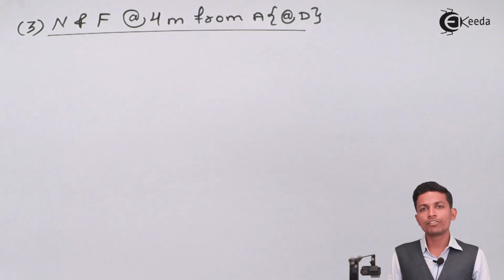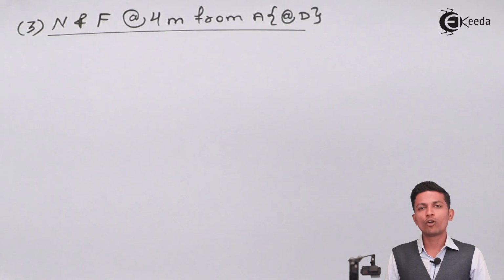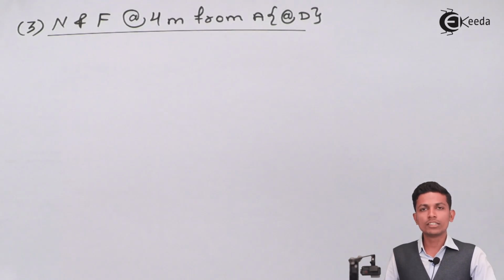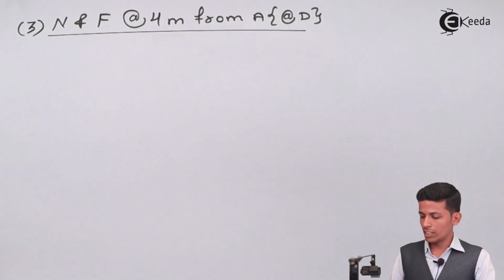I will explain both of them. Whichever you find convenient, you can use this formula or this logic. If you do not remember the formula in the exam, you can use the logic. If you remember the formula in the exam, you can use the formula. Okay, now let's first see with the logic.